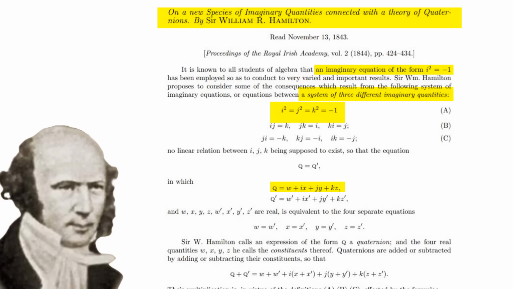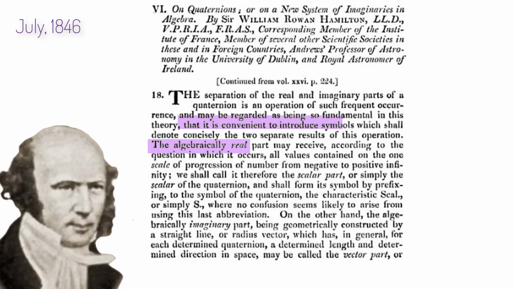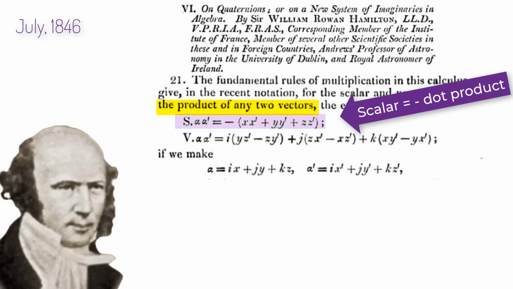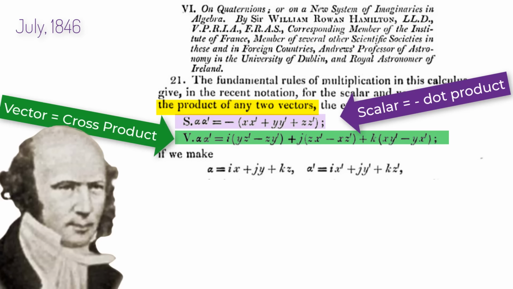In addition, in 1846, Hamilton defined the real term as the scalar and the terms with an i, j, or k as the vector. In this way, Hamilton could use his Quaternion multiplication rules to multiply vectors, which would give 2 results: a scalar that was equivalent to the negative of the modern dot product, and a vector that was equivalent to the modern cross product.